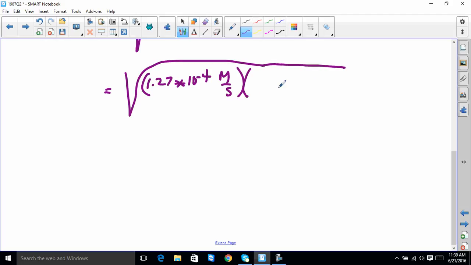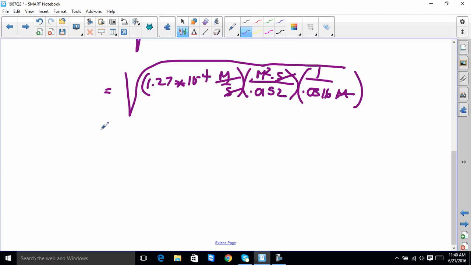And then because K is downstairs, I'm going to flip it over. So I'm going to put the 0.0152 here and the molarity squared per second here. And then 1 over 0.0136 molar. And what happens is this cancels this, and this cancels this, and we have the square root of M squared, so that when you pop that into the calculator, you will end up with 0.0514 molarity.